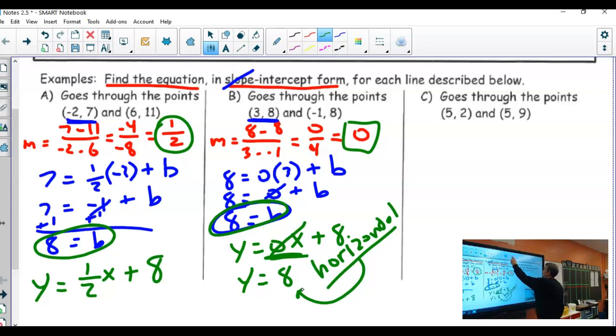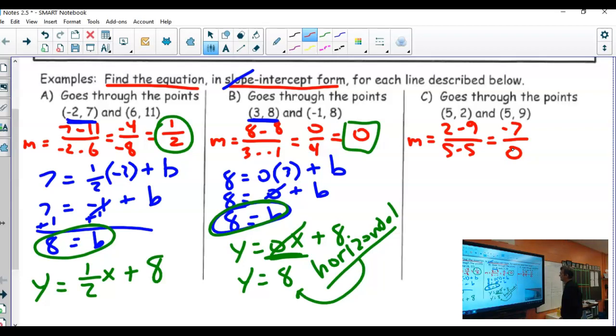In the last example, again, I need to find the slope. So my slope would be 2 minus 9, that'd be my y minus my y, over x minus x. And this time I get -7 over 0. Well, -7 over 0 is not actually 0, as many people think. -7 over 0 is actually undefined.